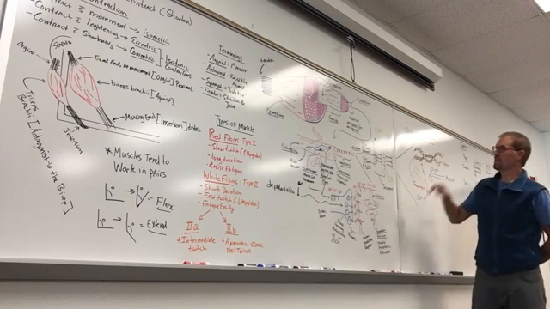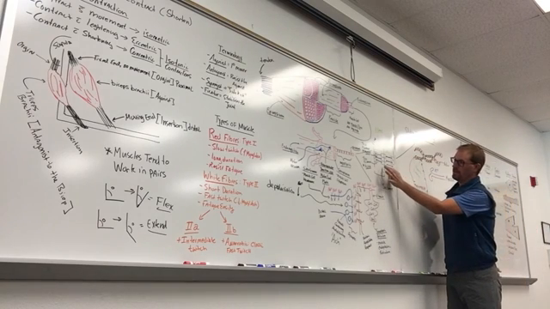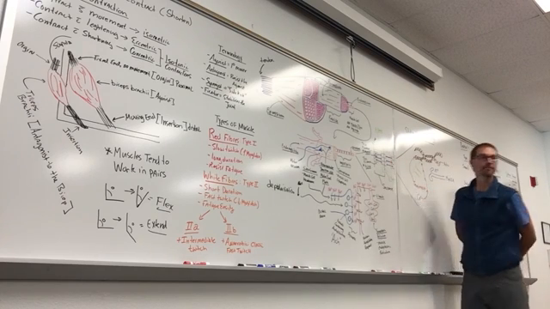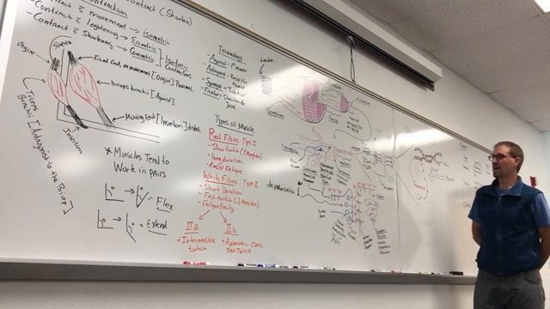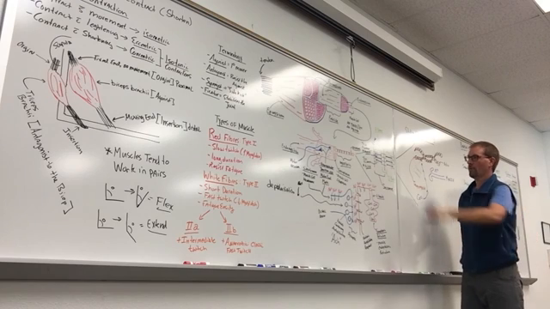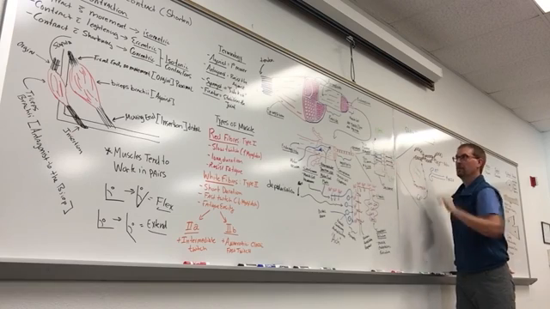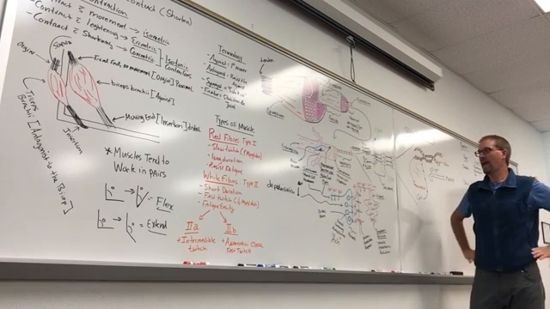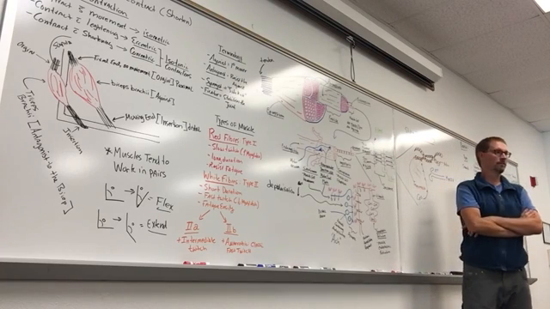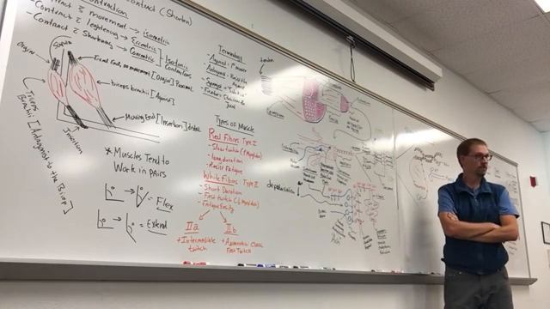Now the I band, on the other hand, is only thin filaments. So the I band is only thin filaments. Then you have your A band, and your A band is the entire thick filament, from one end of the thick filament to the other end.